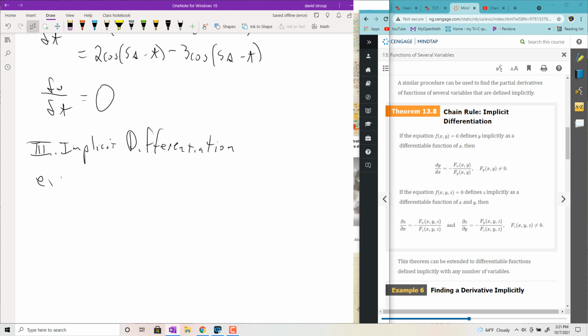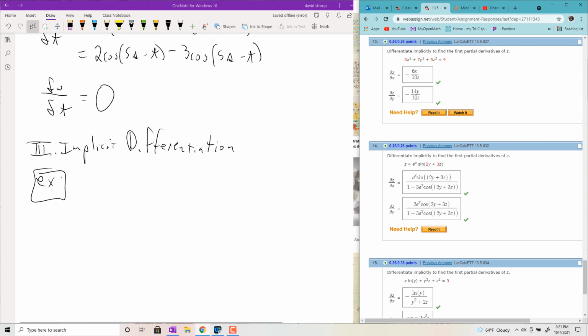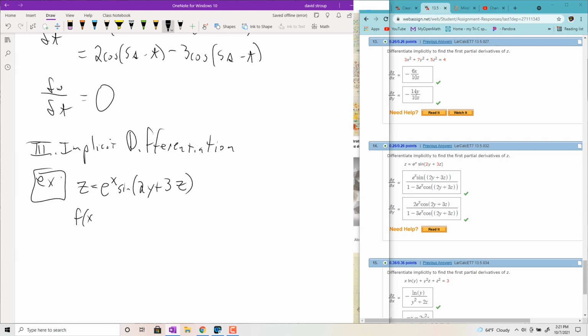For example, they give us one right here: z equals e to the x sine of 2y plus 3z. If you're dealing with that, we're going to rewrite it as f of x, y, z, well, in this case equaling z minus e to the x sine of 2y plus 3z equals 0.